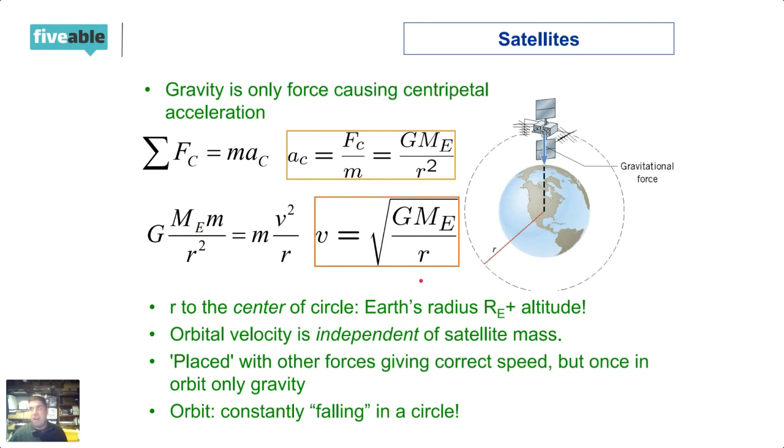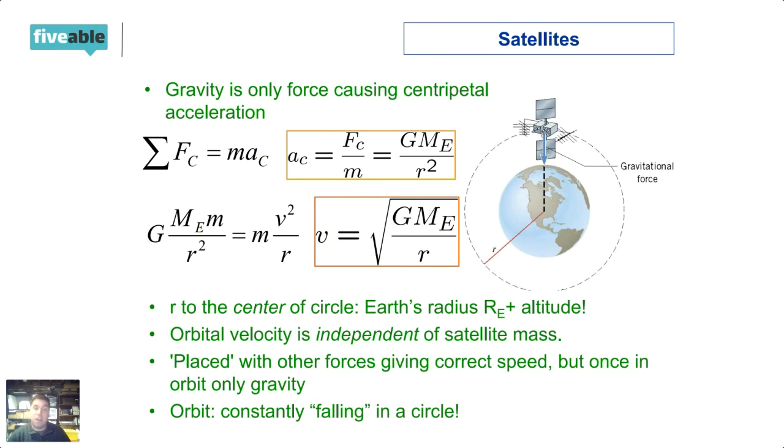It doesn't matter how heavy my satellite is. If I get it up in orbit with a given radius, it needs to have a given speed. And it could be a microsatellite that weighs maybe a kilogram. It could be a communication satellite that weighs 100 kilograms. It could be a space station that has a mass of several thousand kilograms.